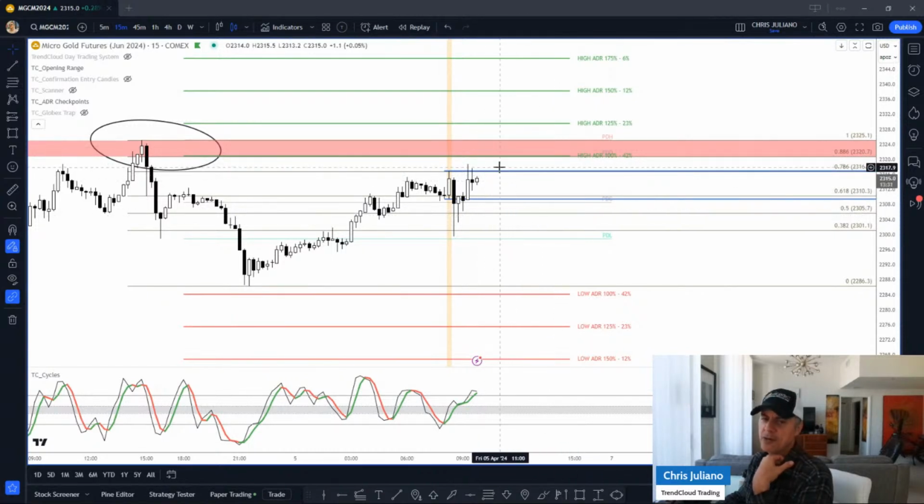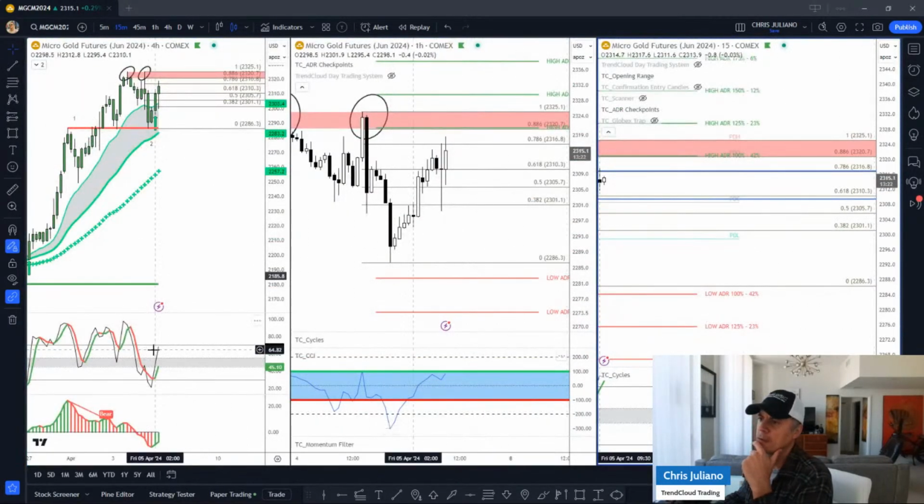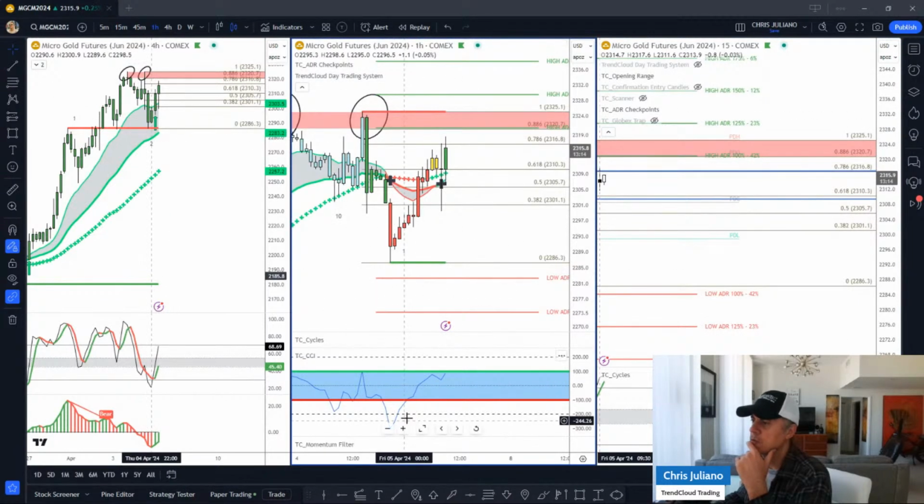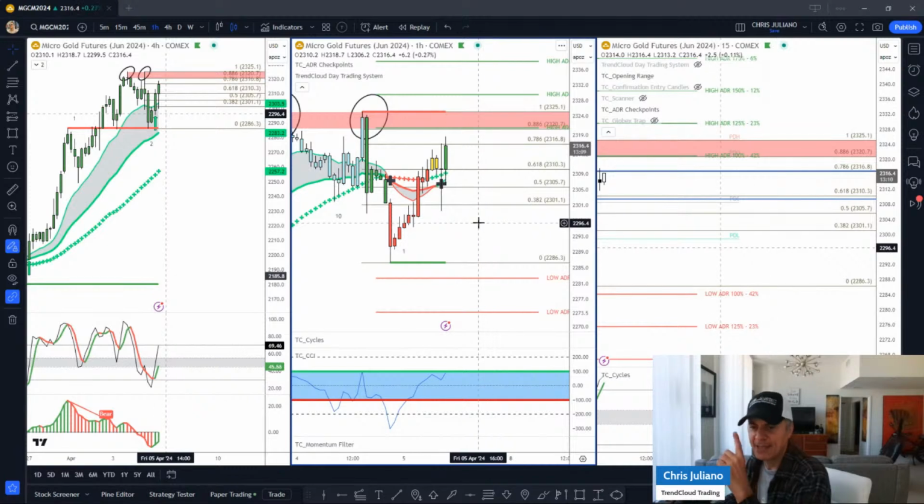We were breaking to the downside with a lot of upward momentum, right? Upward momentum, upward trend, cycling up, momentum is up, and we're just about to break above positive 100 on CCI, and that's what we need.